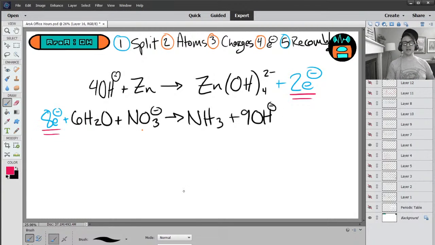Our nitrogen half reaction is consuming 8. We know that the amount of electrons produced must equal the amount consumed, but 2 goes into 8 evenly, so we only have to multiply our first reaction. If we multiply everything in that first reaction by 4, we'll be able to add these up no problem, and that'll balance our electrons. So if we do that, 4 times 4 is 16.